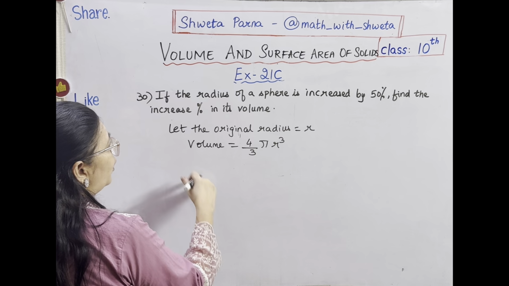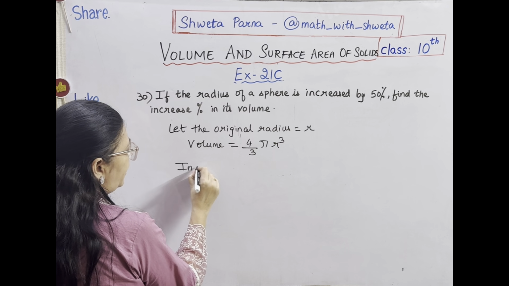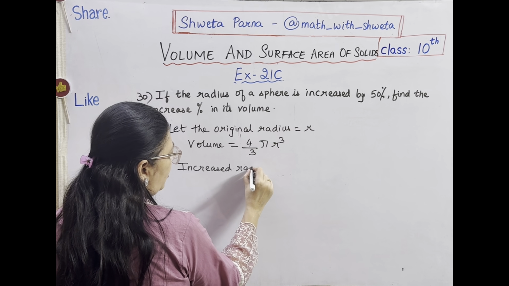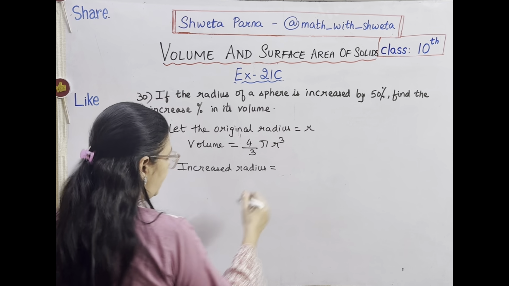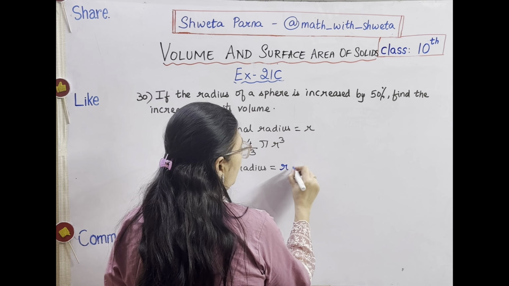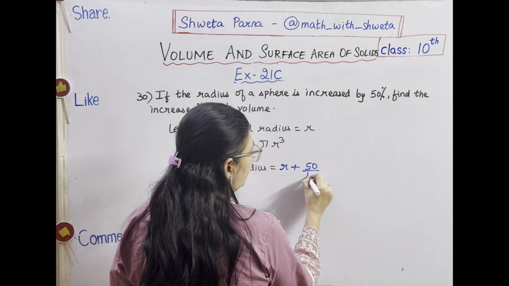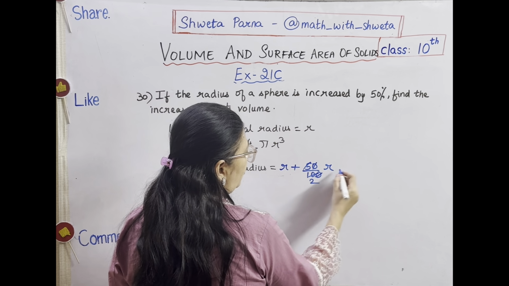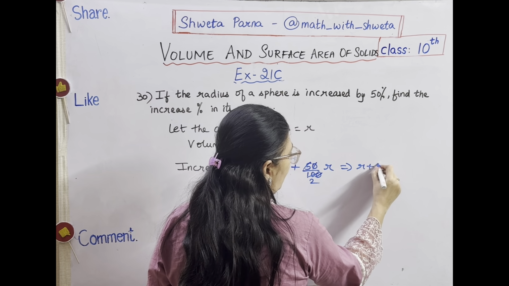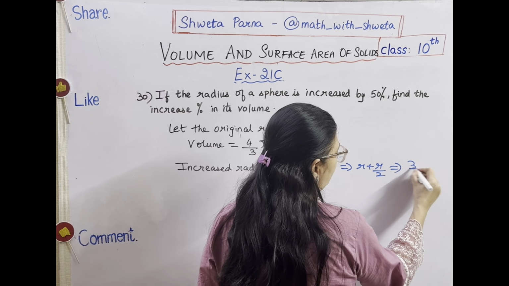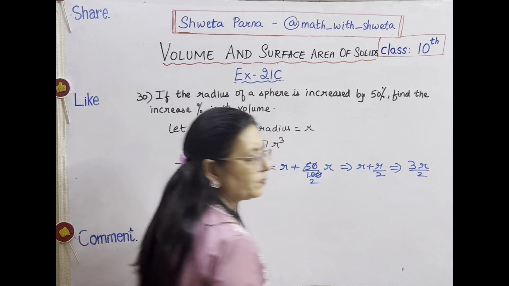Okay. Now, what is the increased one? So, increased radius would be, by how much has it increased? It has increased by 50%. That means r plus 50% of r, that is r plus r upon 2. Take the LCM. So, 2r plus r, which is 3r upon 2.